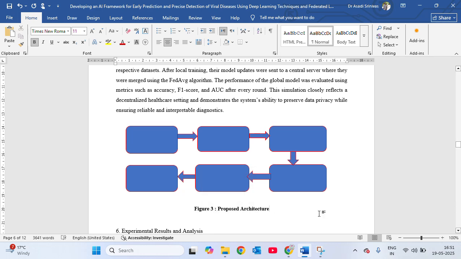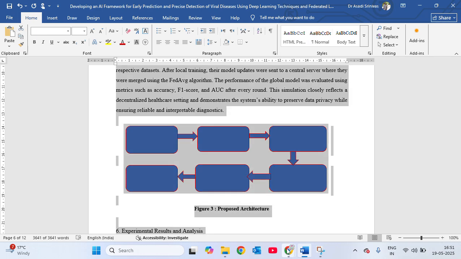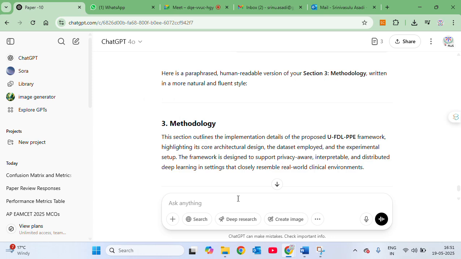Initially, now I will ask: provide 6 major components for the proposed architecture for the above research data, and also use this data.